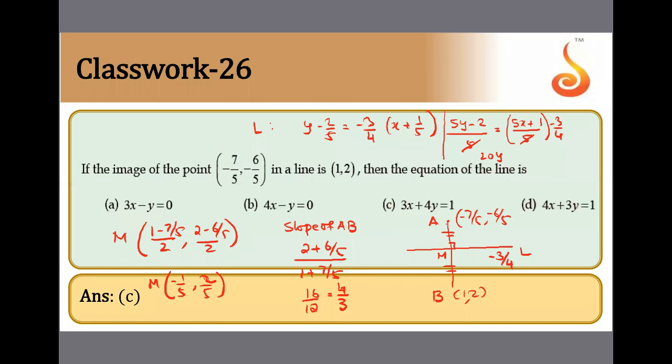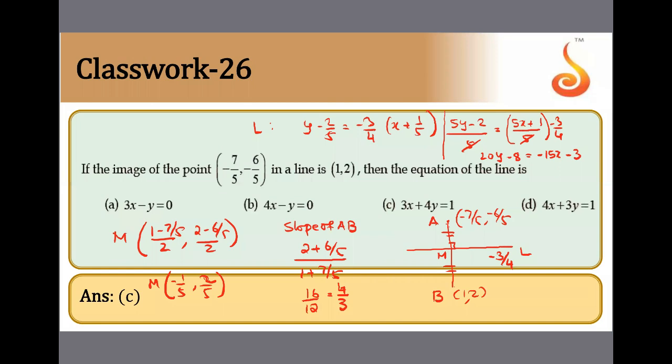When the image of A is B, or the image of B is A, obviously it will be perpendicular. So 20y minus 8 is equal to minus 15x minus 3. So which option will come? Option C will come: 3x plus 4y is equal to 1.